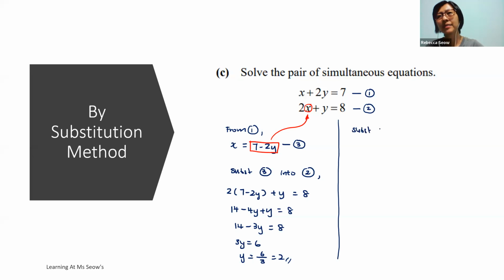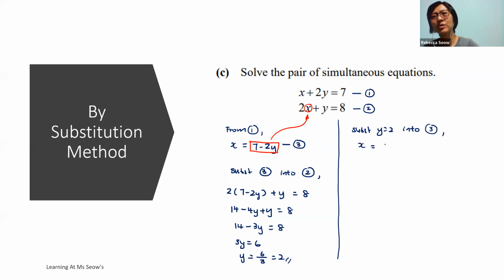Following that, we sub the value of y equals 2 into, for the substitution method, when we sub one value into another equation, more often than not, we will sub into equation 3 because equation 3 already has x as the subject. So doing so will give us the answer for x right away.